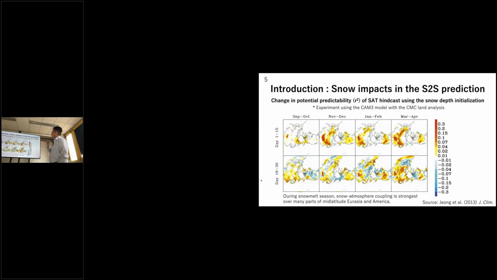They show the change of potential predictability of surface air temperature using the snow depth initialization. If we compare the initialized or the uninitialized experiments, then we can know where and when we have the snow impacts.